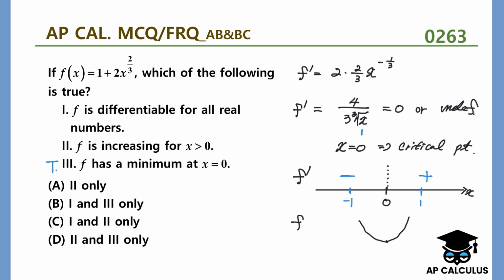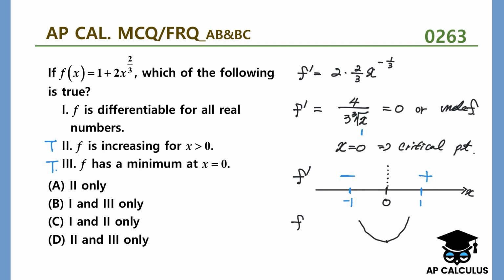Second part, f is increasing for x greater than 0. Is it increasing? Yes, because f prime is positive here, which means f is increasing on this interval. So this is also true. Is f differentiable for all numbers? No, right? At x equals 0, f prime is 4 over 0, which is undefined.